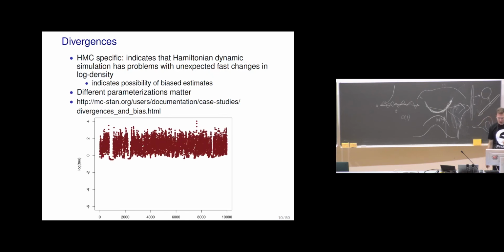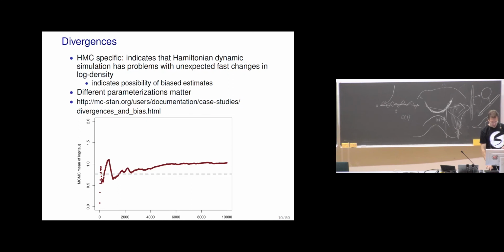If we run the chain longer, we can also see that it's sometimes sticking in the low values. Sometimes, with big steps, it happens to get here, but then it has difficulty getting out, because if it tries to start simulating in any of these directions, it will fail because the density changes too fast. Only when it proposes to simulate in this direction can it get out, but it can get stuck there.